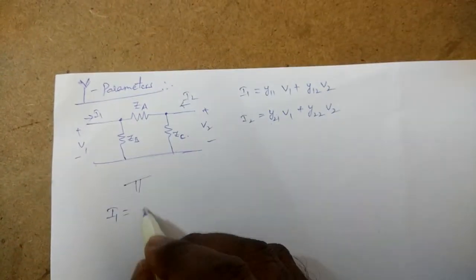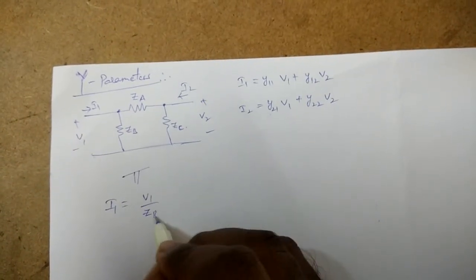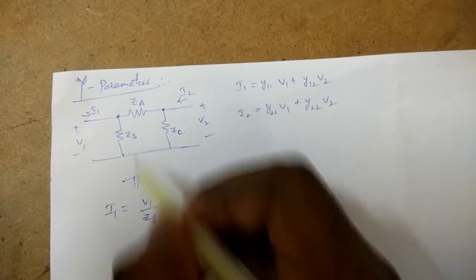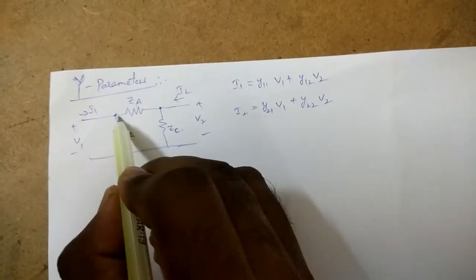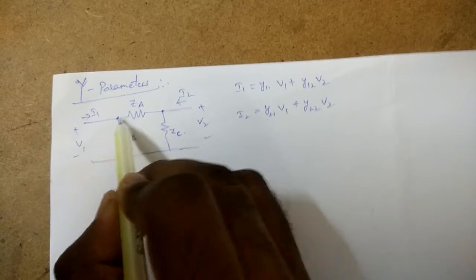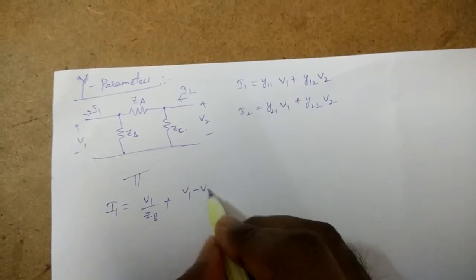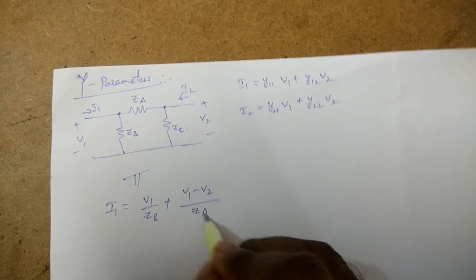The part flowing in ZB is V1 by ZB, and the part going into ZA is V1 minus V2, the potential difference, divided by ZA.